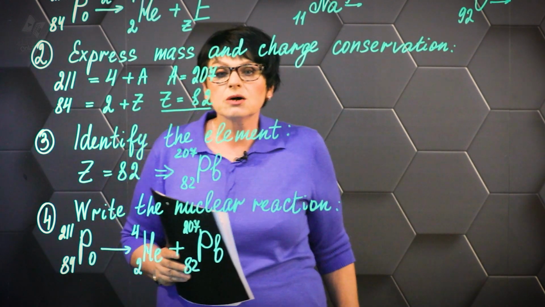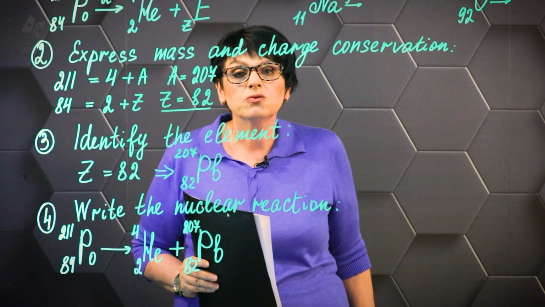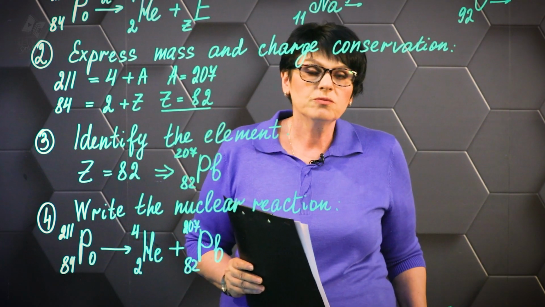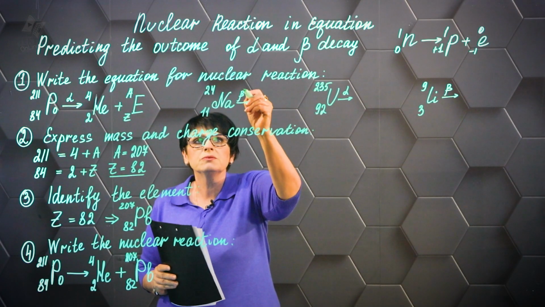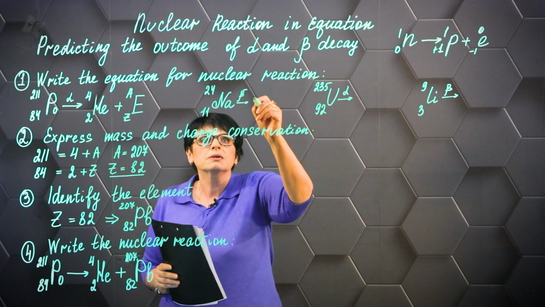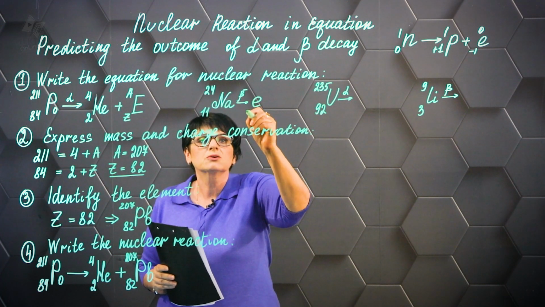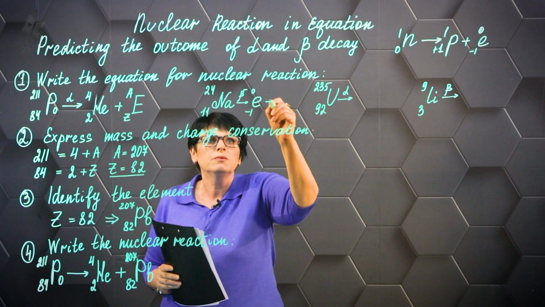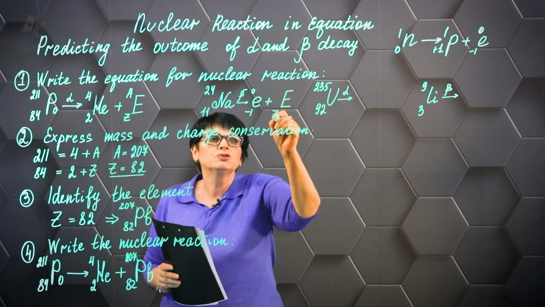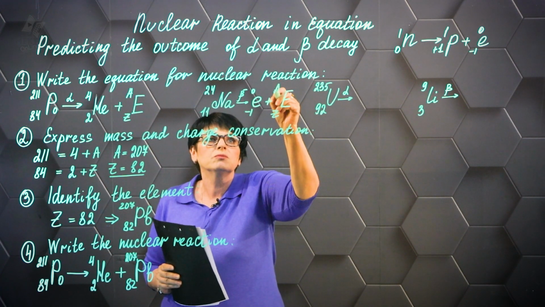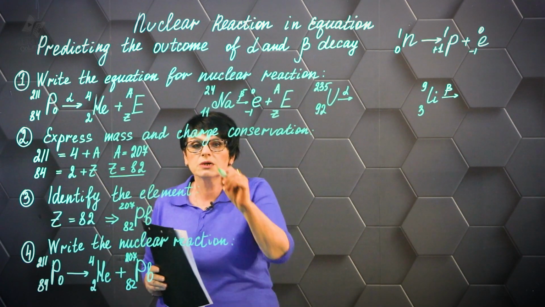Now we move on to sodium, and for sodium, let's deal with its beta decay. Beta in this case minus. Then recall that our beta minus is an electron, minus 1, 0, and again, the unknown is the element we've got, which we have to decode. And look, we're going to proceed in exactly the same way.